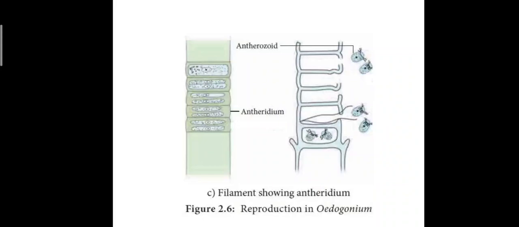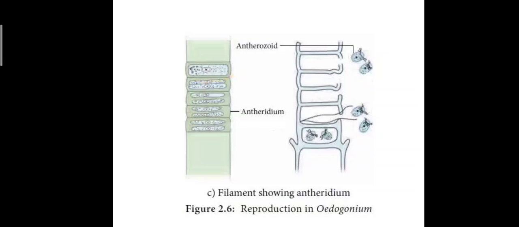Any of the cap cells will behave as an antheridial mother cell, and it divides into two unequal cells. The smaller cell becomes the antheridial cell and the larger cell becomes the sister cell.